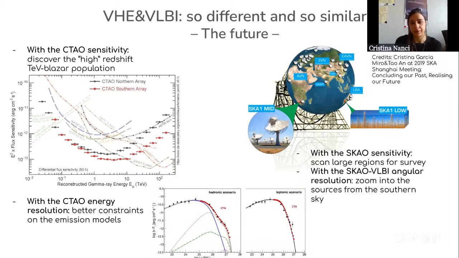So it depends on the source and what is the mechanism at the base of this flaring activity, that is not well understood yet. But for some sources, the high state lasts even a few days.